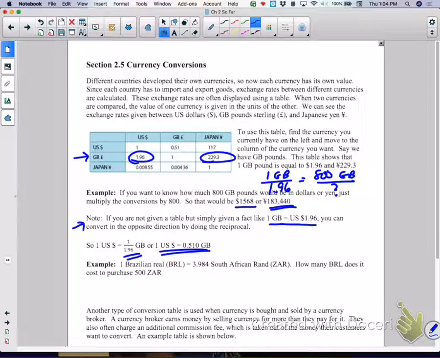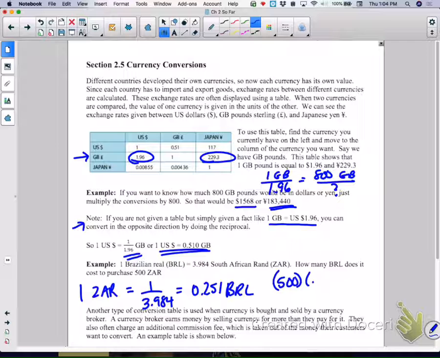So one South African rand would be equal to 1 over 3.984, which is 0.251 Brazilian reals. If I have 500 South African rands, I'm just going to take 500 times that conversion, and we end up with 125.50. We didn't have a symbol for the Brazilian and the South African currency there, so we're just going to write those letters out to the side.